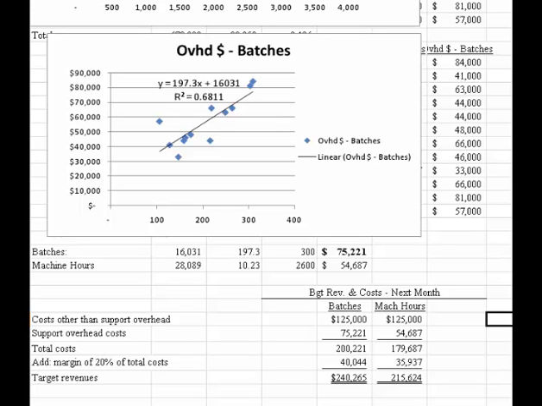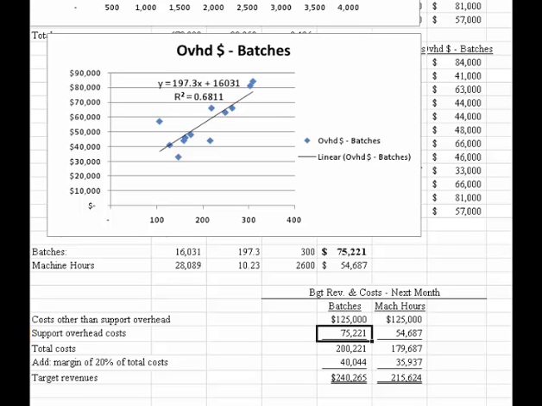Okay, and it also could have some repercussions for cost management. If we budgeted support cost at 54,687, which is that number there for machine cost, and then we do the regression, there's a good chance we may actually see that support cost would come out at 75,000. So again, we've got some implications for cost management as well. All right, so what's the big point here?